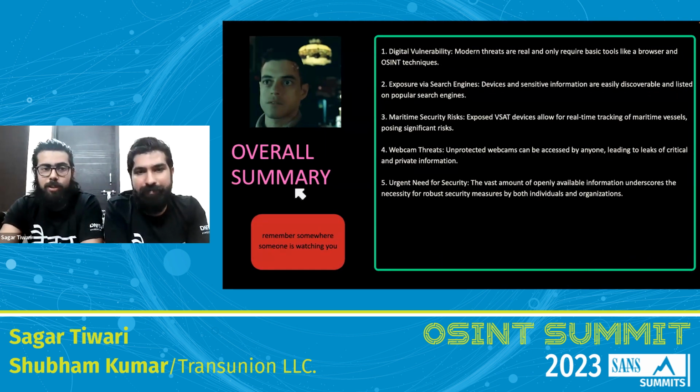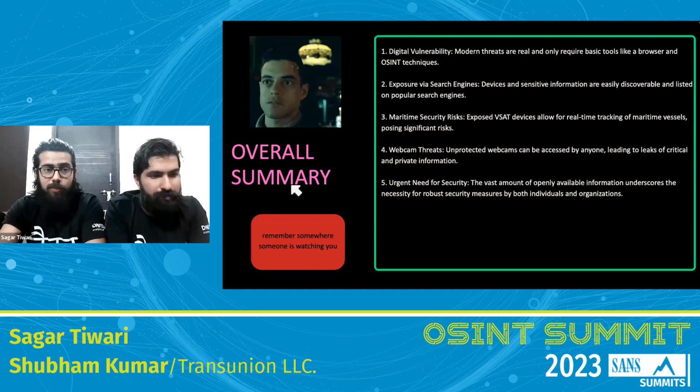So, moving forward to the overall summary, there are a few key takeaways. Modern threats require modern solutions, and these threats are real because it won't take much to expose this sensitive information. Just by traversing Shodan or similar sensor search engines, an individual can discover multiple internet-connected devices. Some of these devices, like the VSAT ones, expose lots of critical information.